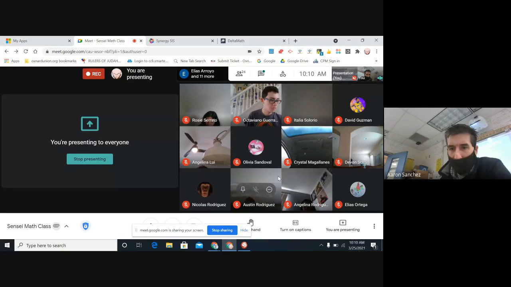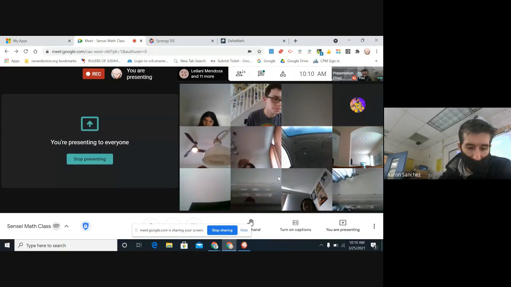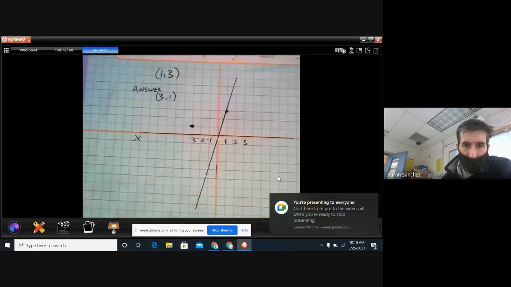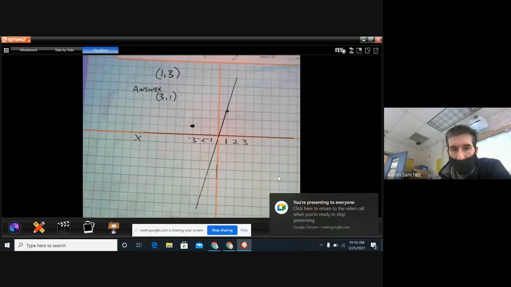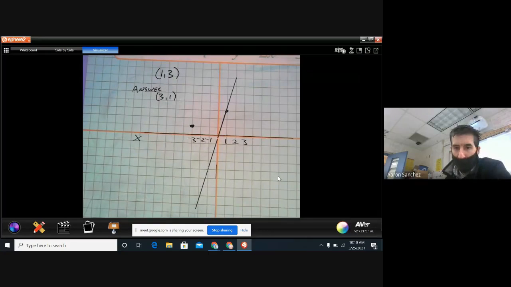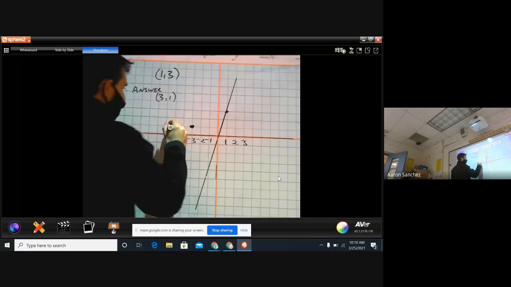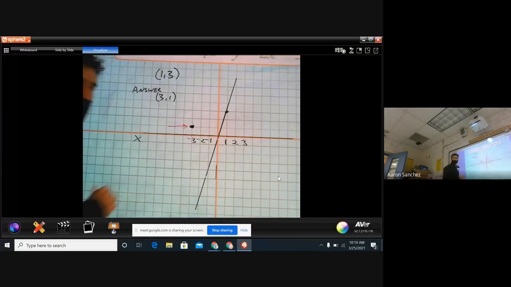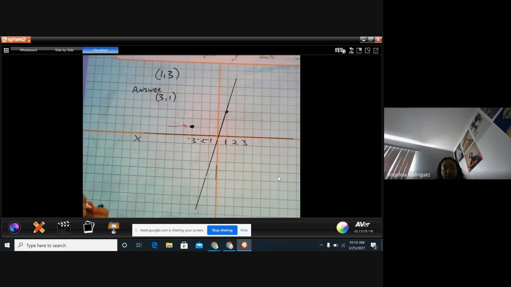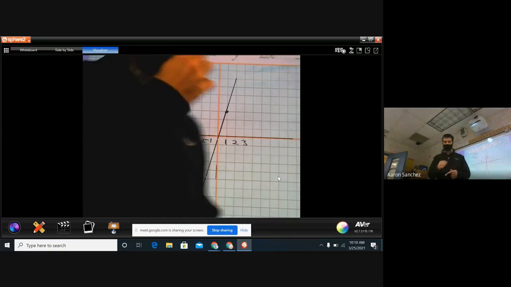Angelina Rodriguez, which one is negative? Can you see it there? The 3 or the 1 for my answer? The 1. Well, see that point right here? Here's my answer, Angelina. What are the coordinates of that point? Oh, the 3. Yeah, so it's -3, +1.